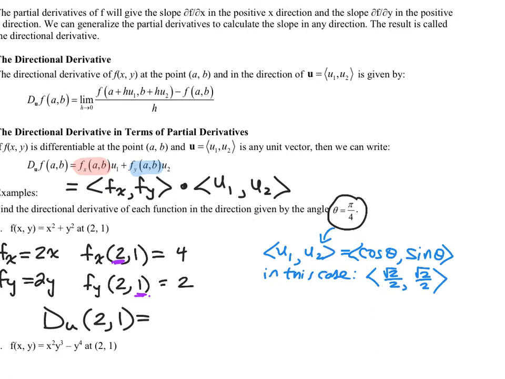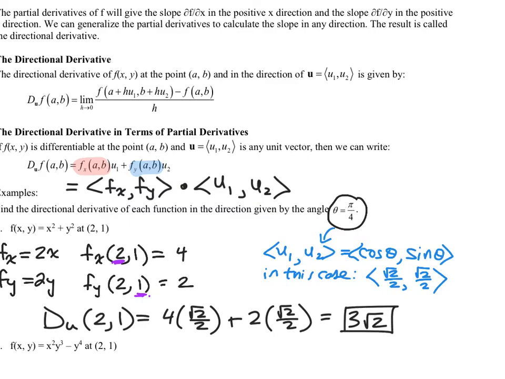So really all that means is you're going to multiply your x components together, and then the y components. So 4 times rad 2 over 2 plus 2 times rad 2 over 2, which simplifies: 2 rad 2 plus rad 2 gives you 3 rad 2.